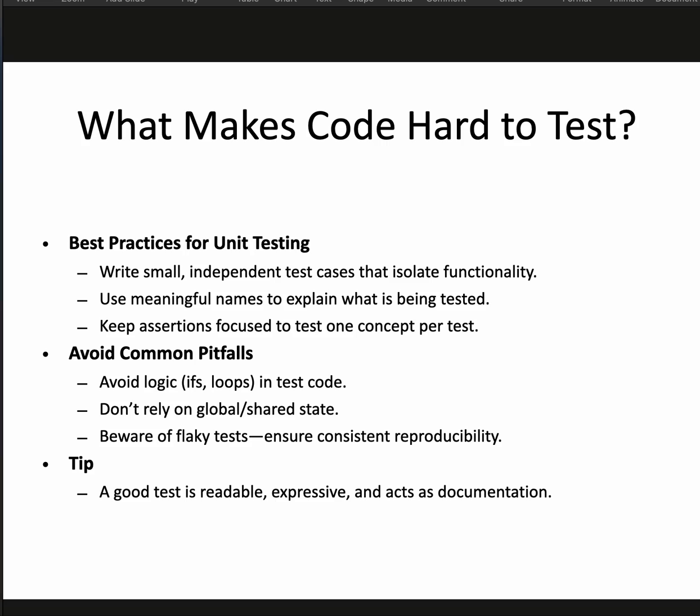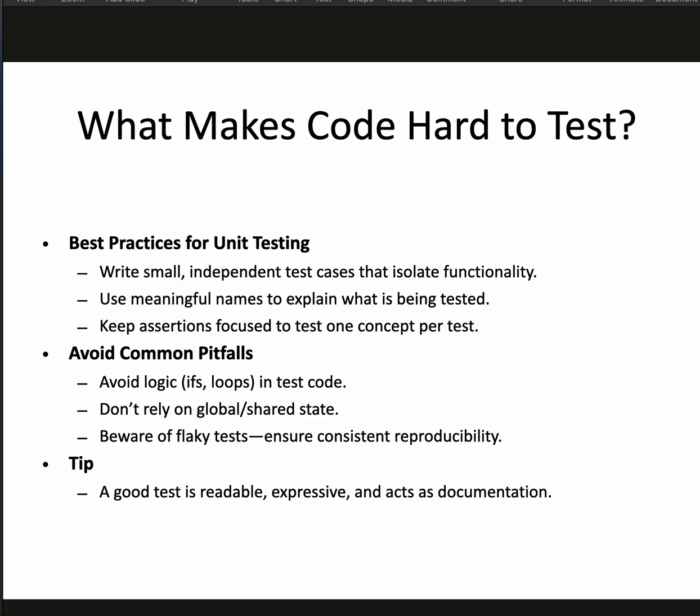Now, let's shift focus and ask, what actually makes code hard to test? Because understanding that is the first step to writing better, more testable code. First, let's look at what makes code easy to test. Each test should cover just one behavior or function, avoiding bundling multiple checks into one test.